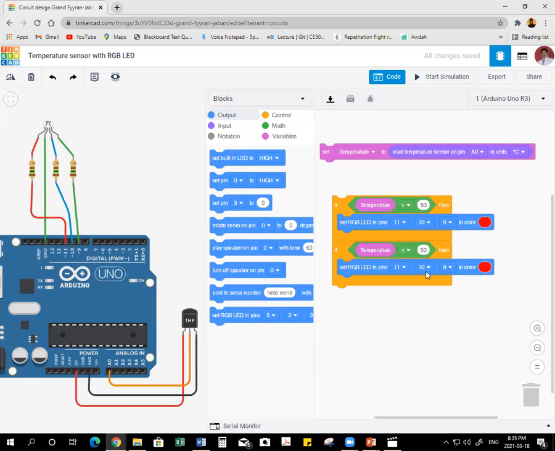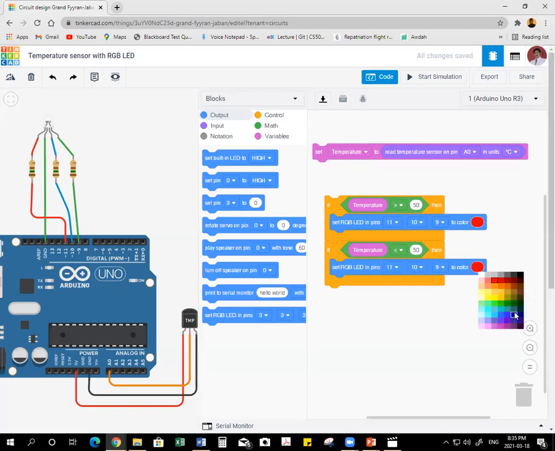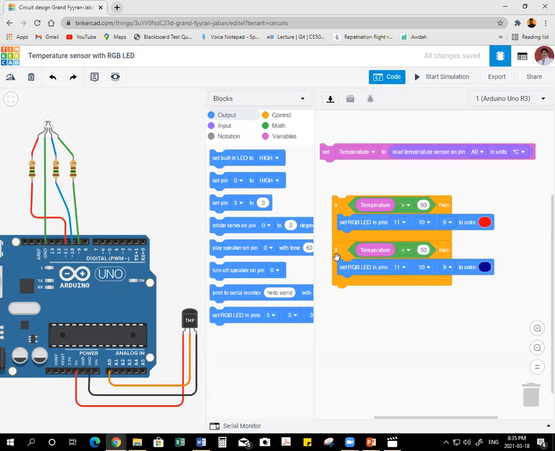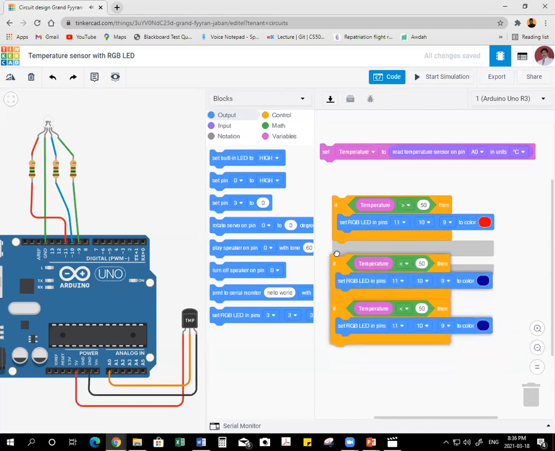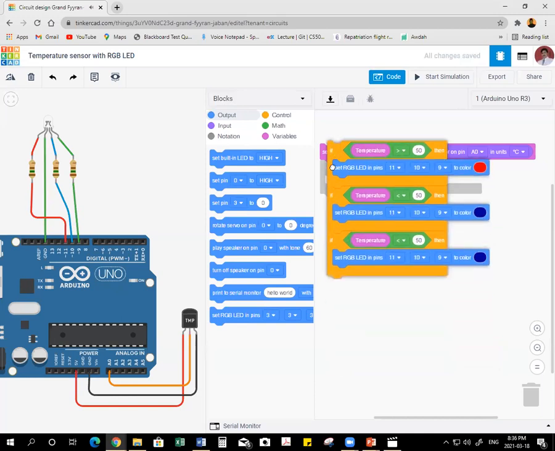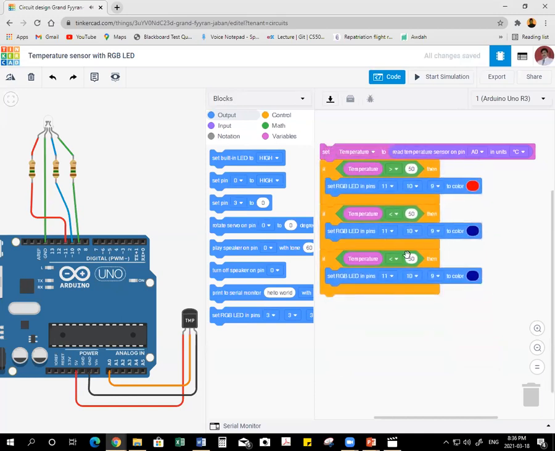Now same, set RGB light 11, 10 and 9 to color blue. Now same thing, duplicate. Now if it is less than 10 degrees, then the RGB light should be green.